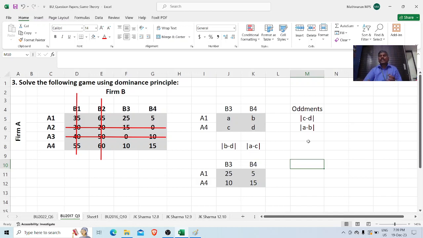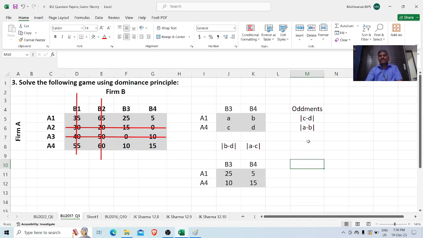The reason for writing this is, when there is no saddle point in a game, the game is following a mixed strategy. When there is a saddle point in a game, the game is following a pure strategy where each of these players use one particular strategy with the probability of 1.